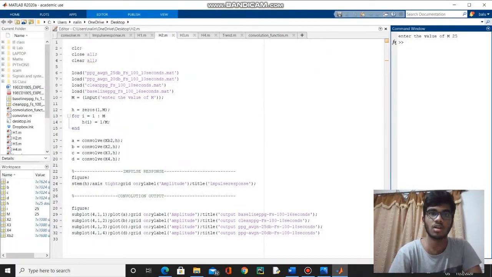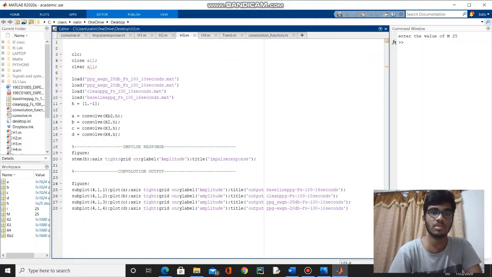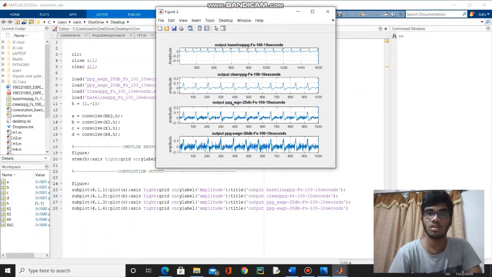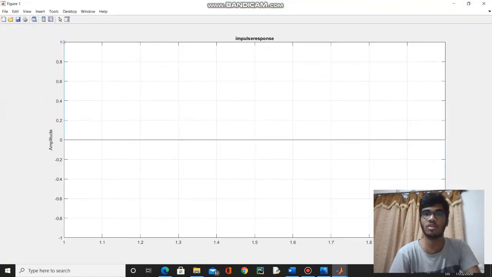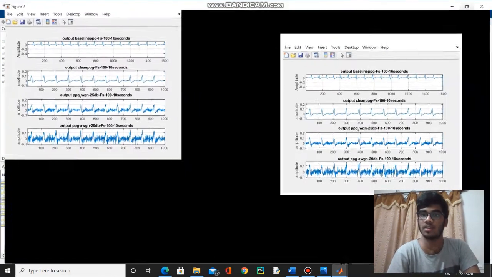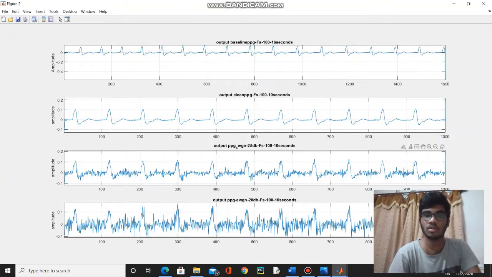Moving on to the third system, the code is similar to the first and second parts. If we run the code, this is the unit impulse response of the third system, and this is the convolution output.